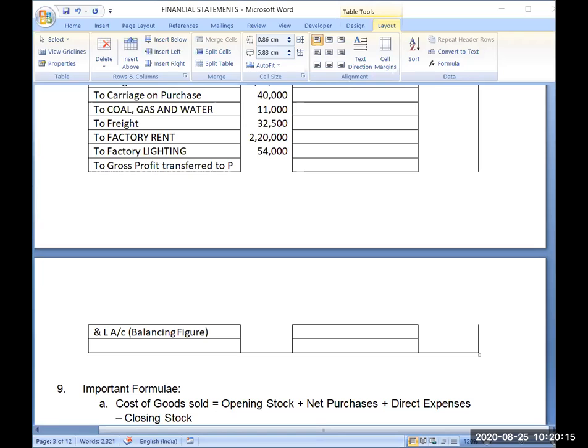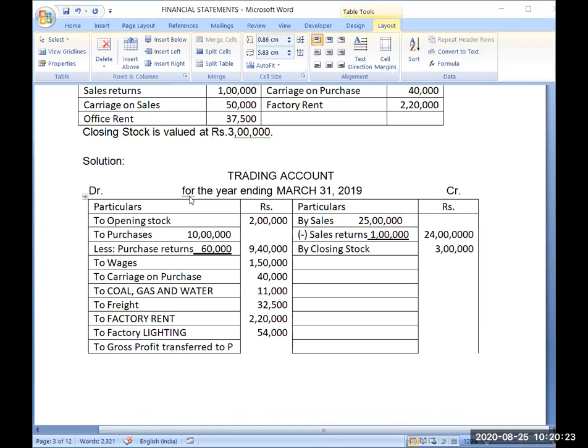See, one query is there: are we required to maintain the sequence? Sequence is required, not that much compulsorily, but opening stock will always be there in the beginning. But somehow, if you forgot to write it, then you can write it later also.